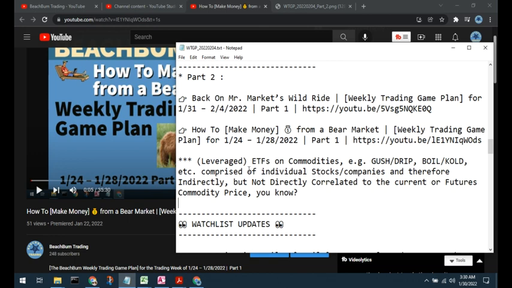So I wanted to make you aware that even though we see the commodity price spike up or down, these ETFs may or may not move at that same time, and they may peak or bottom at a different time than the commodity price. There is obviously a correlation, but it's not a direct immediate correlation. I wanted to make you aware of that if you didn't already know. I hope that helps.